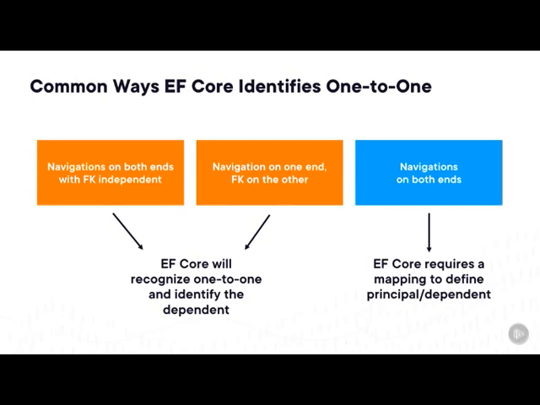And EF Core will recognize the relationship, but that foreign key is critical for it to be able to recognize which is the dependent. So if you don't want to have the foreign key in there, then you'll have to add a mapping to make sure that the context can differentiate between the principal and the dependent. I won't be demonstrating that, but the EF Core docs do show how to achieve that as well. So by now, hopefully you know where those docs are, but I will link to them at the end of this module.